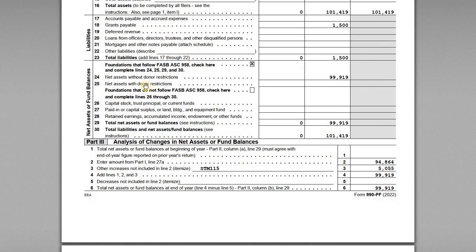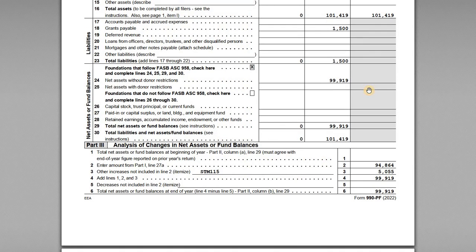Now, what about foundations that don't follow FASB ASC 958? So the private foundations don't have to follow this standard for the most part. If you do follow this standard, you do track your net assets differently, right? With and without restrictions. There are a few other adjustments you have to make to your financial statements.